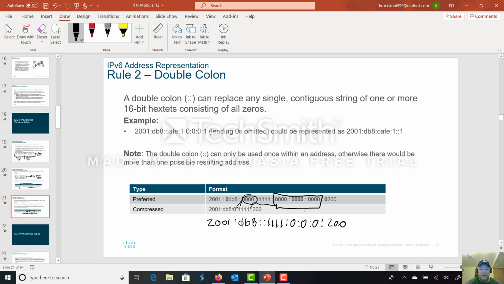Yeah, you absolutely can do that, but it's going to be shorter if you use the double colon for multiple runs of hextets with quad zeros as opposed to just one of them. So if you look at it this way, now you've got 7 blocks instead of the 5. So 1, 2, 3, 4, 5, 6, 7. Hey, we're only missing 1. I know that we're missing 1 because I know it's going to add up to 8. Simple arithmetic on this one. Okay? Easy enough.